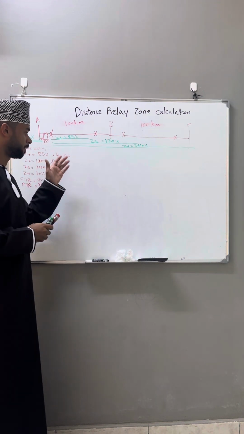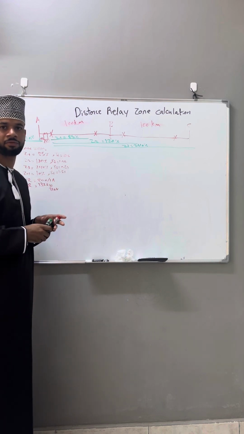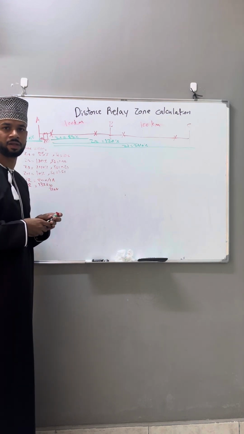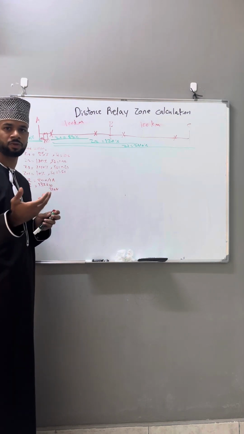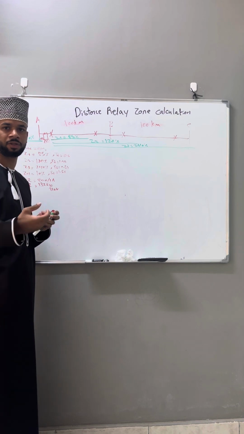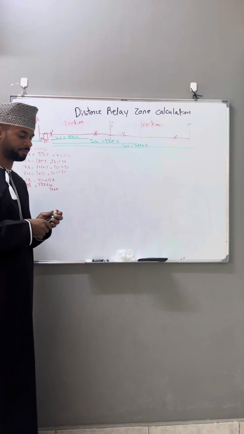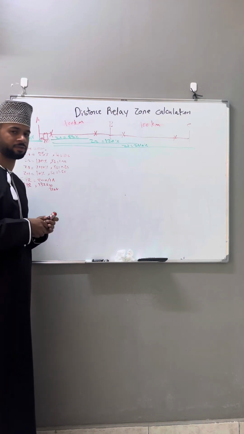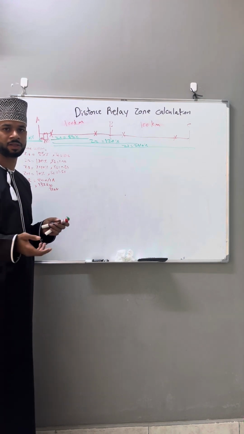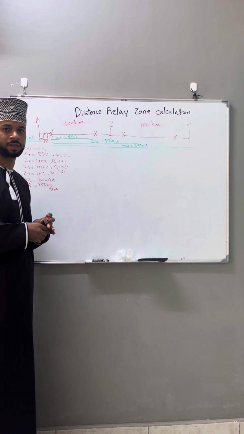So these parameters are not enough for the zone calculation. We also need to consider one important factor, the conductor parameters. We need to know the positive sequence resistance and positive sequence reactance, whether it is a double circuit or single circuit depends on the conductor parameters.